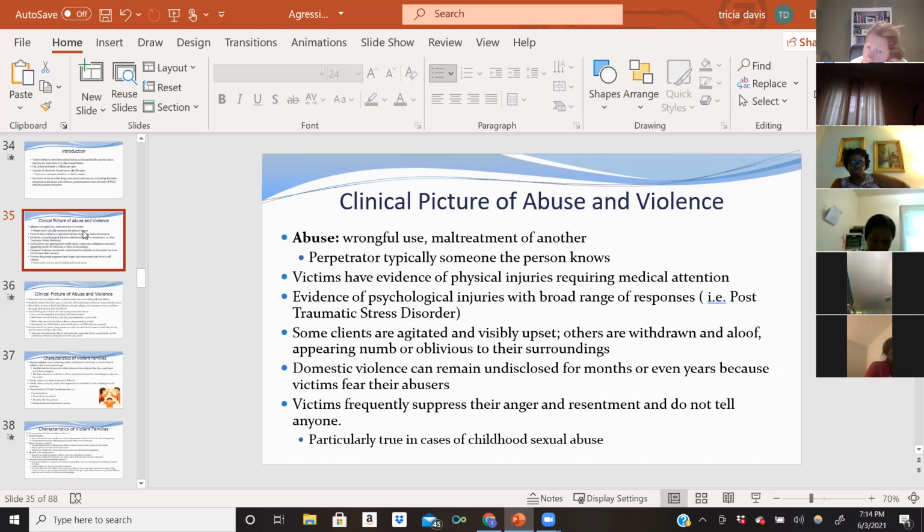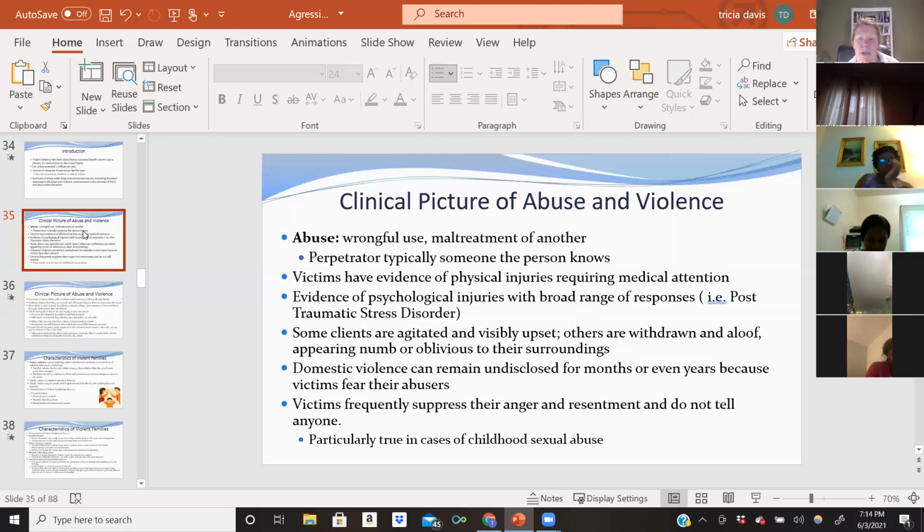Domestic violence can remain undisclosed for months and even years because victims do not want to get their loved ones in trouble. They're scared of them. Usually the abusers have things holding over their head so that they won't leave, and they fear for their life, that the abuser will come back and kill them. So they stay in these situations for a long time.